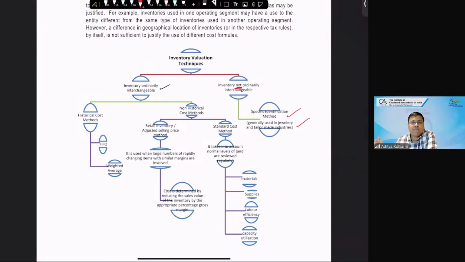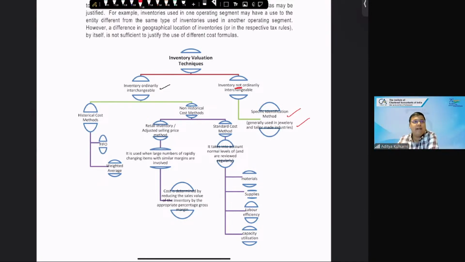If one of you goes to a jewelry store and you want a particular item of jewelry in a particular fashion, in a particular style, then that is identifiable only to you. So the cost of that inventory will be the specific cost for that piece which is made for you. FIFO, LIFO, historical cost, all of that is not going to come.